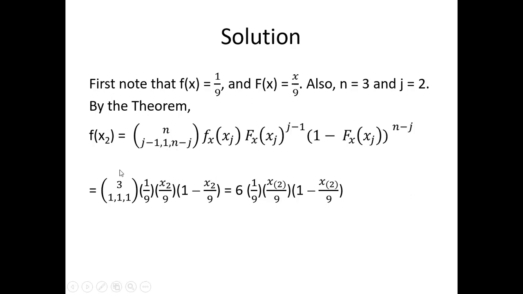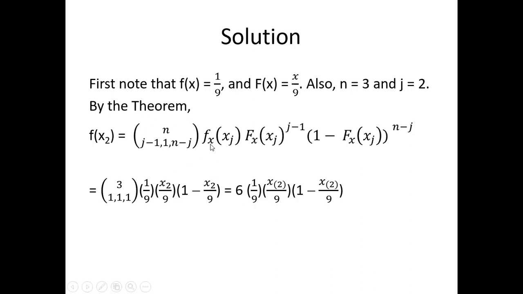So this term here is really 3. We could say choose, but I have this combinatorial term 3, 1, 1, 1. So this would be 3 factorial over 1 factorial, 1 factorial. But that's going to give us 6. All right, so that takes care of this term.